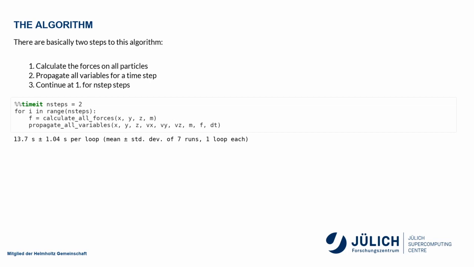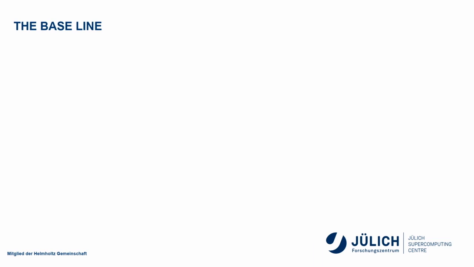All right, so let's figure out where we spend our time. Before you do profiling, you actually need to get a baseline. Profiling does introduce overheads, and at some point the overhead may become so large that your profile becomes meaningless.